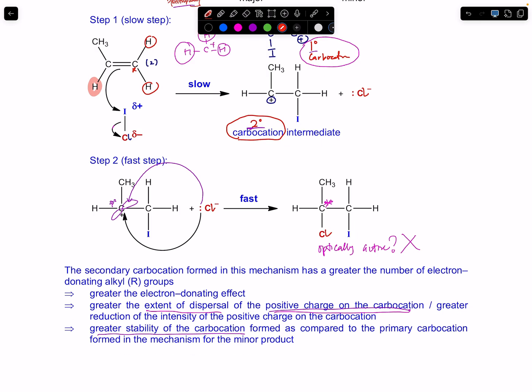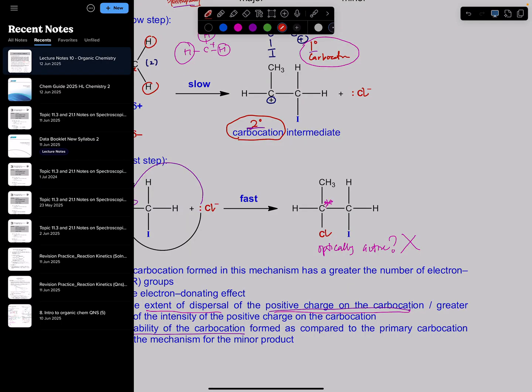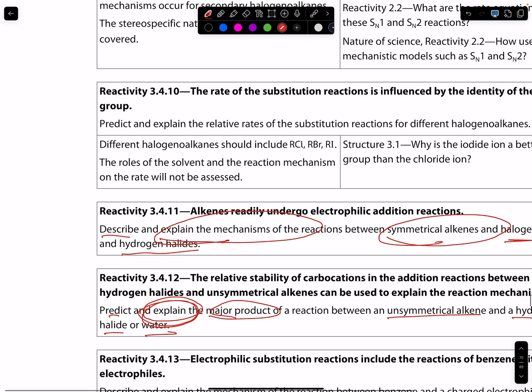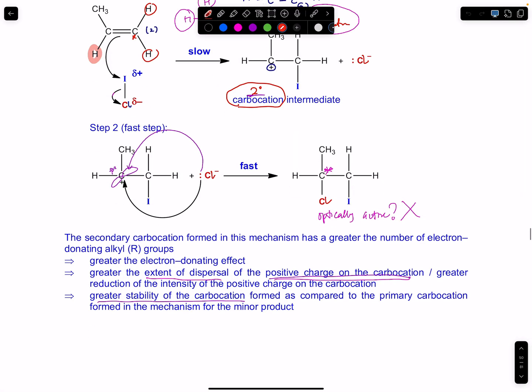Alright? Now, I want you all to take a look at the answering technique because this is part of your chem guide. You need to be able to explain the major product. Can you see that? So the explanation is right here. Whatever the carbocation that you have chosen, because it has greater electron donating effect, that was seen from the video, therefore you will have a greater extent of dispersal of the positive charge on the carbocation, which means now the positive charge is averaged out, and hence your carbocation is more stable.